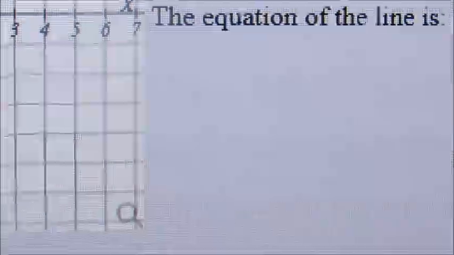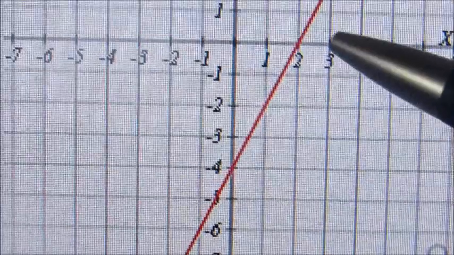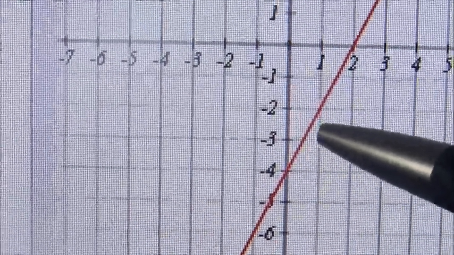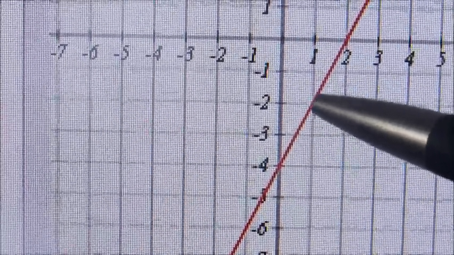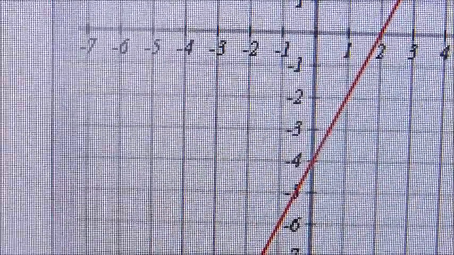Alright, here we do have a y equals, and it's going to be a positive slope. Here's a point at 0, -4, and here's one. Actually, I'm going to go to this first one because it's at 1 comma -2. So those are the 2 points I'm going to do.